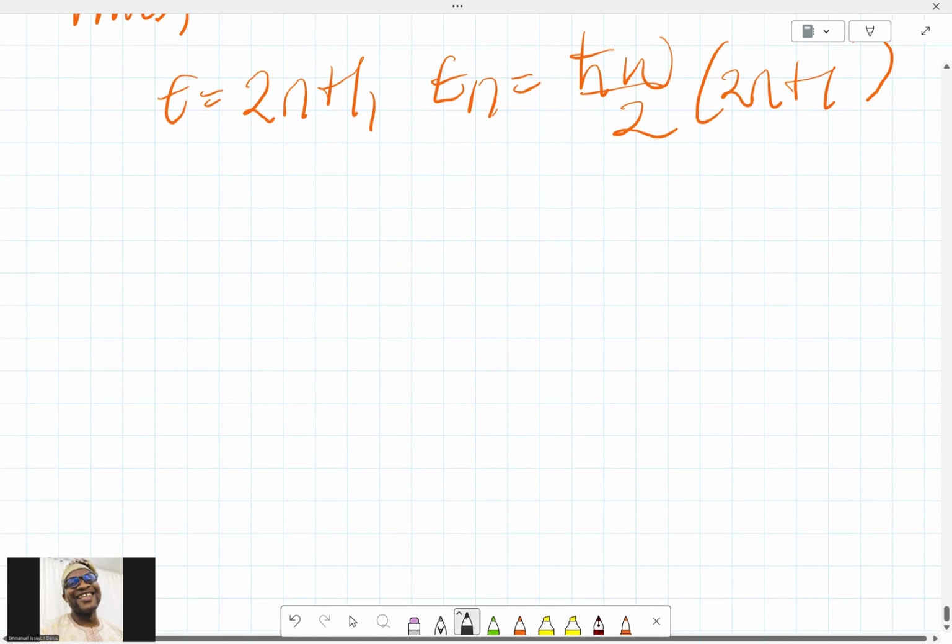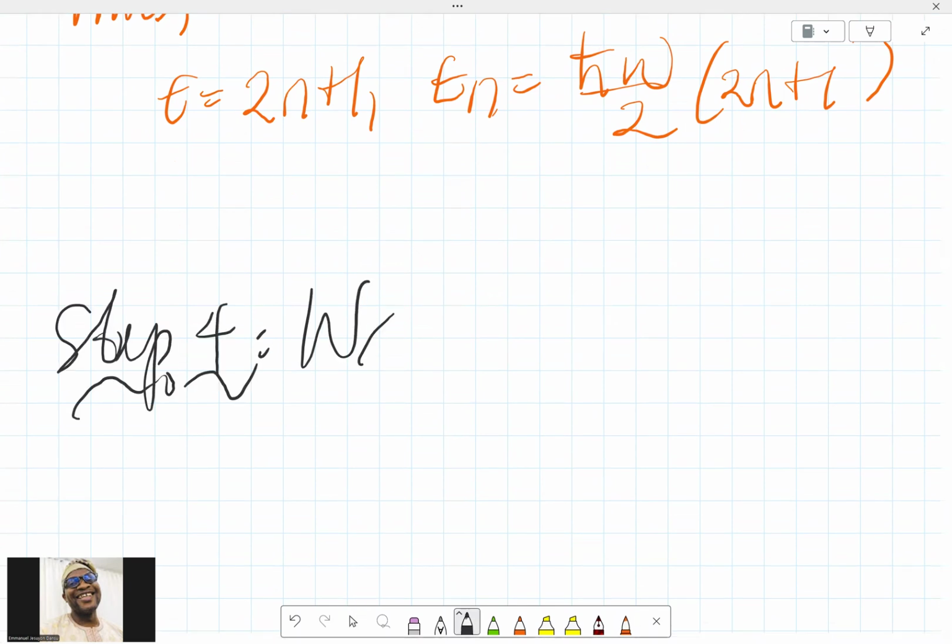So we go for step 4. Now we talk about the wave functions.